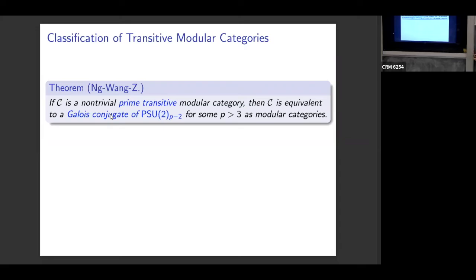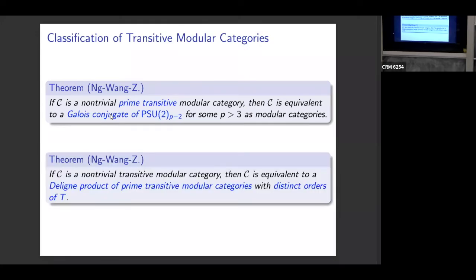So we study the result from the classification of SL2(Z) mod prime power, and we study the image of the S and T matrices, and then we end up with the category must have the same fusion rules as PSU(2) at level p-2, and then we use the result by Frohlich and Kerler, and we get to this classification for prime transitive ones.